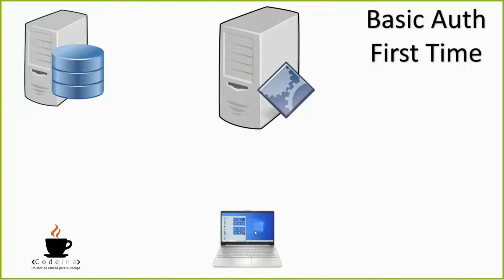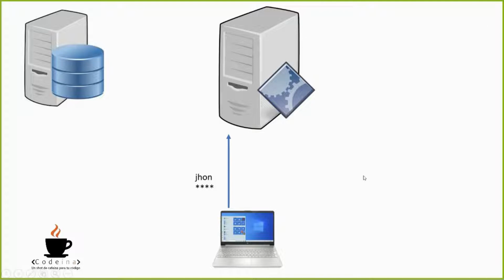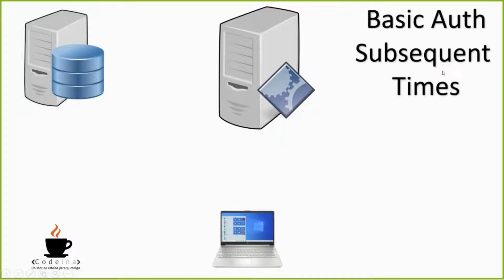The first time the user logs in, the client sends the username and password to the server. Then the server queries this information to the database to see if this is a correct user. Then the database sends OK to the server, and finally the server sends OK to the client.